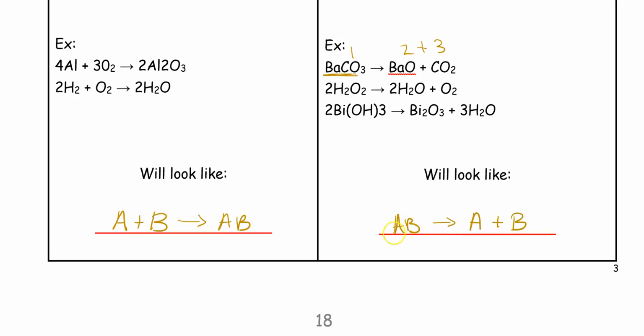So AB is the compound on the left, one single reactant, and then as it undergoes decomposition, we will end up with 2 separate species. Now they could be compounds or they could be by themselves, but A would represent a new product, whether it be an ionic compound or an element by itself.